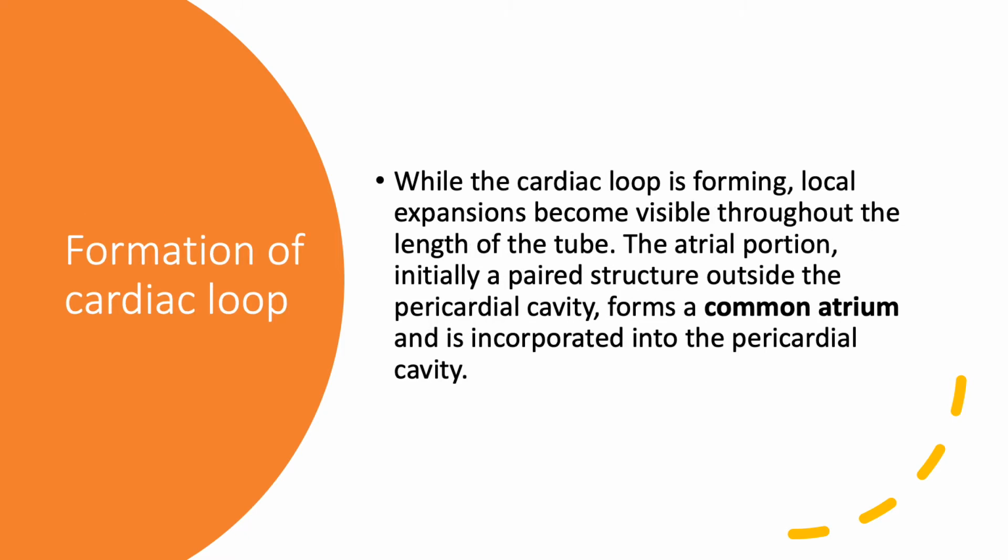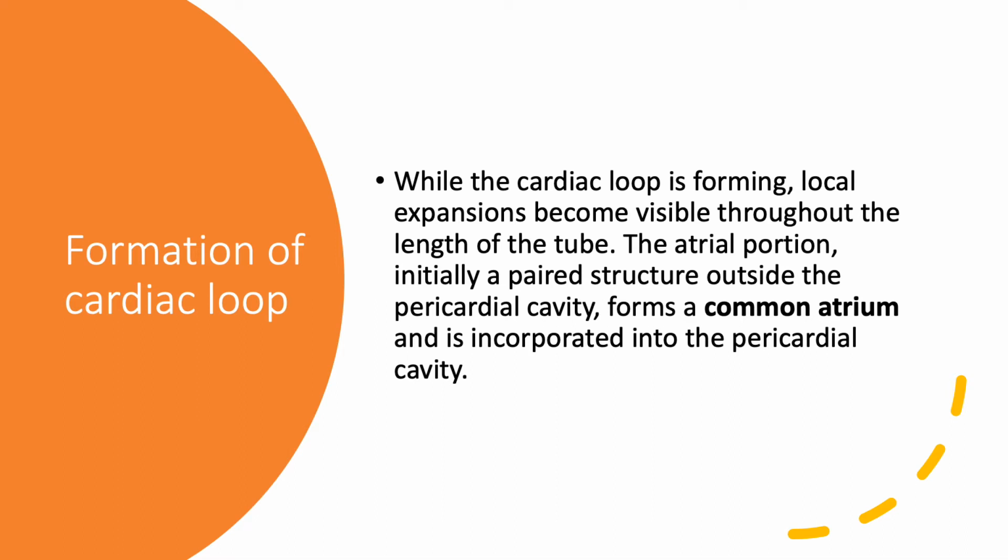While the cardiac loop is forming, a local expansion becomes visible along the length of the tube, which is the atrial portion, initially a paired structure outside the cardiac cavity.